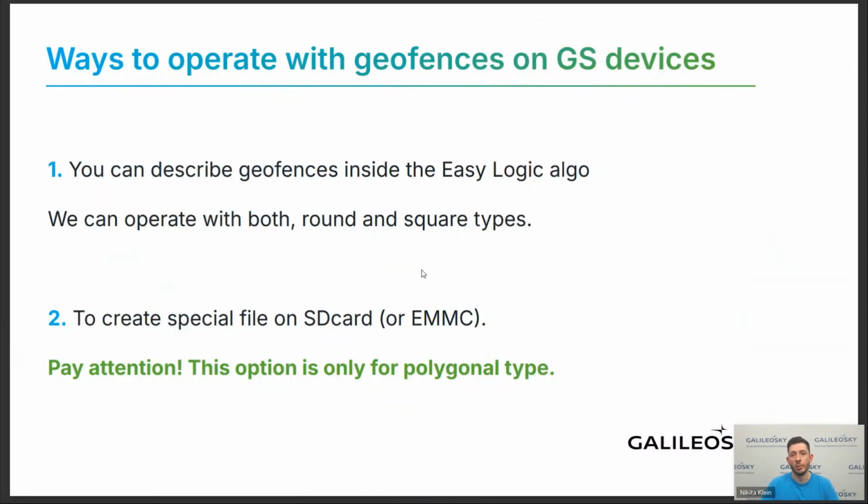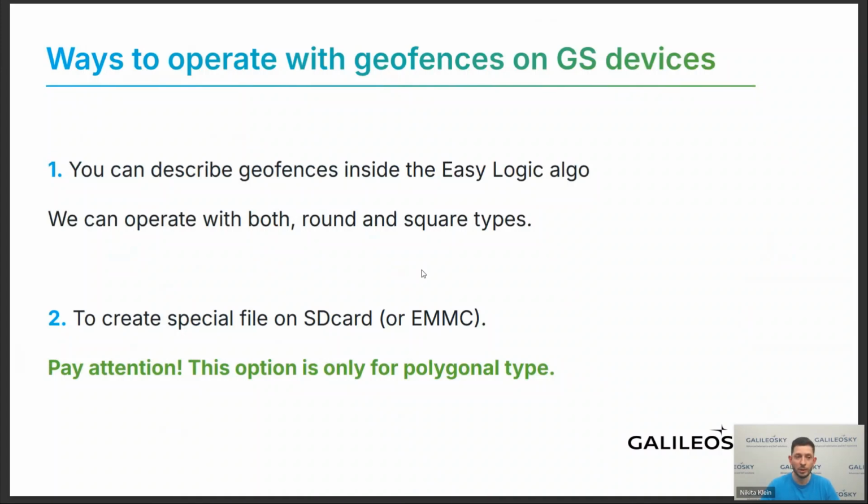It's one of the common mistakes when, for example, some client creates a KML file with a huge amount of geofences. It is correct, it works somewhere else, but then he puts this file inside the Galileosky device, and it does not work.